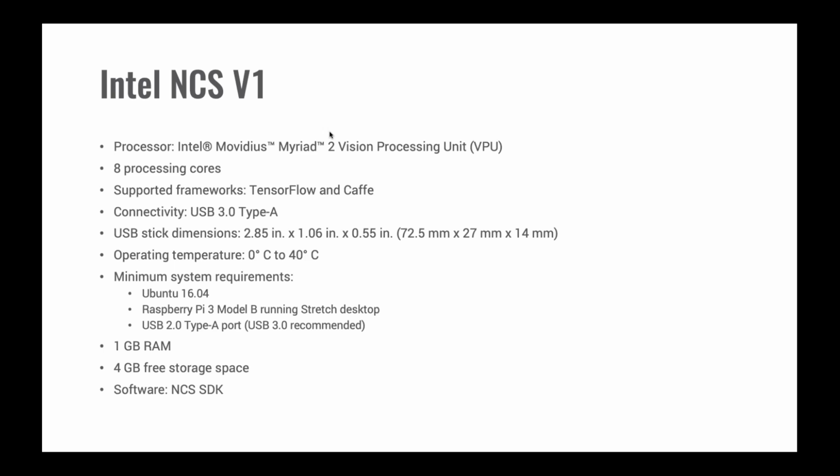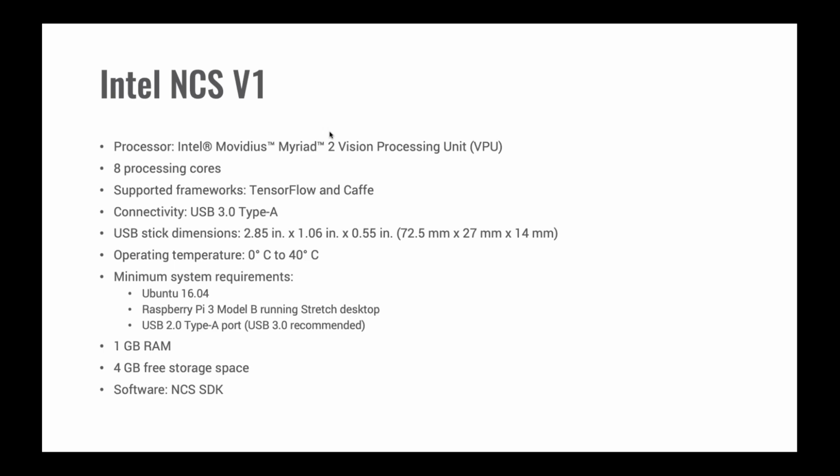So if you have pre-trained models of TensorFlow or Caffe, you can use the tools and the SDK to basically optimize them to run on Movidius. So you cannot, unfortunately, take an existing TensorFlow protobuf or a checkpoint file and directly run it with Intel Movidius. Similarly, you cannot run a Caffe model directly on Intel Movidius.